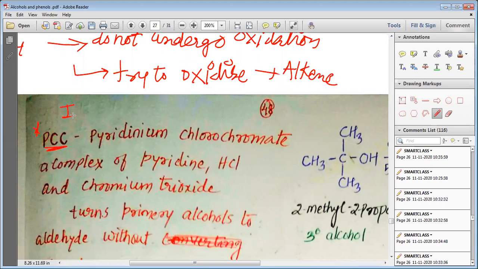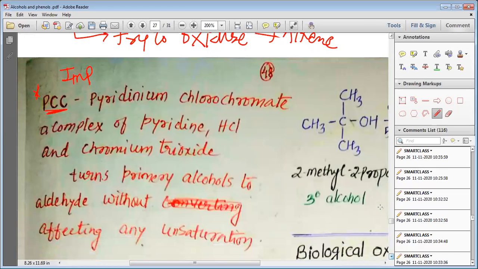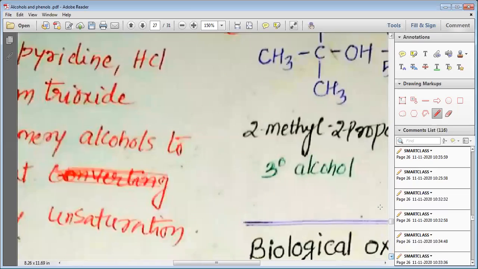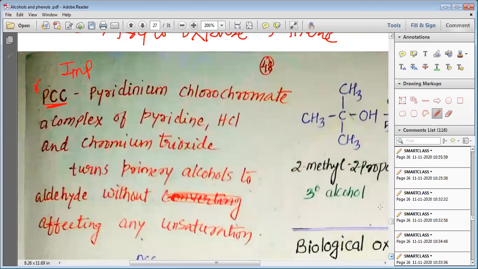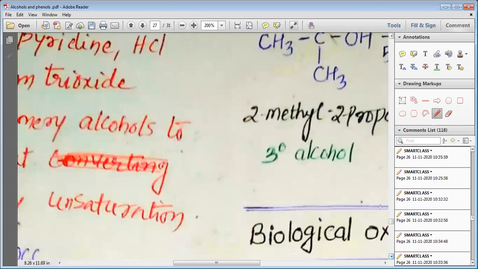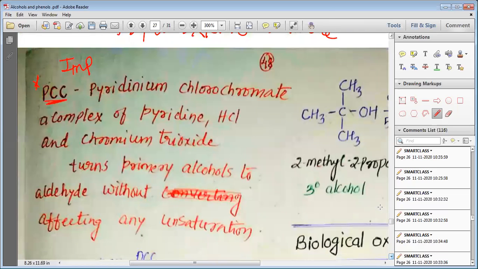Please consider it as an important reagent because it is specific and very interesting. The full form of PCC is pyridinium chlorochromate, a complex of pyridine and HCl.